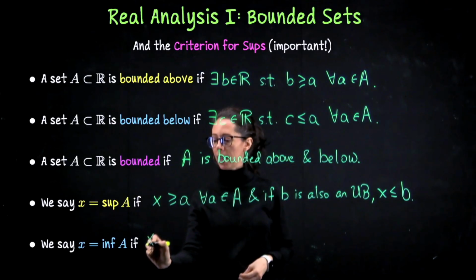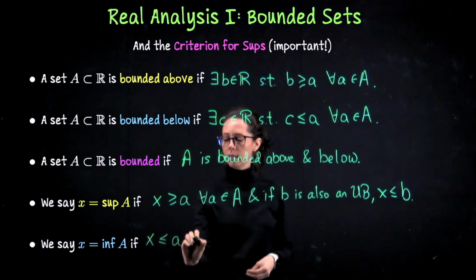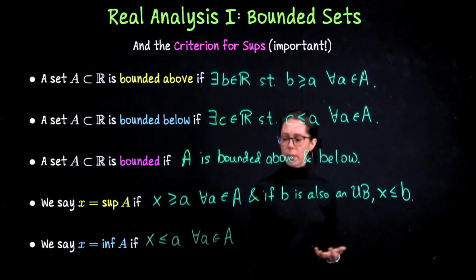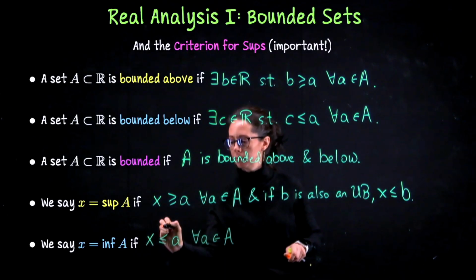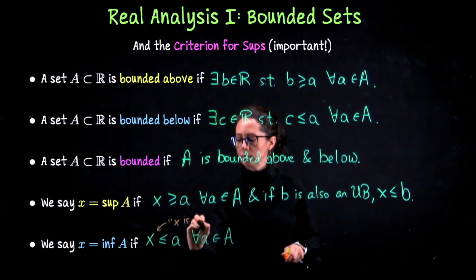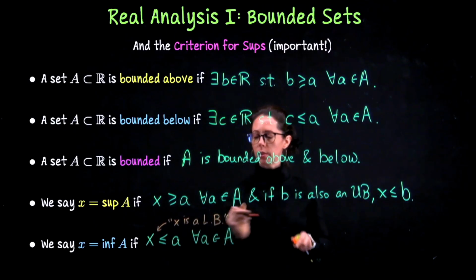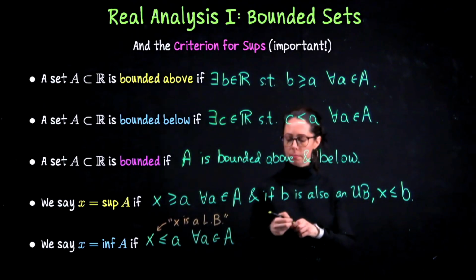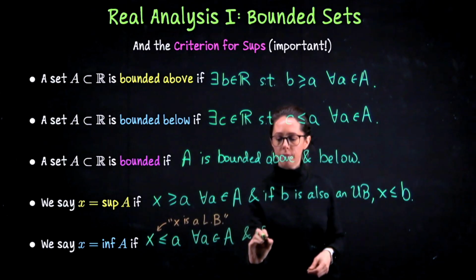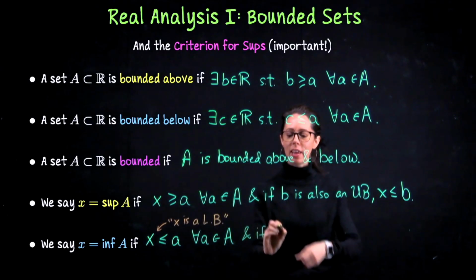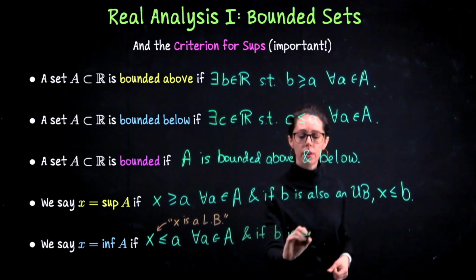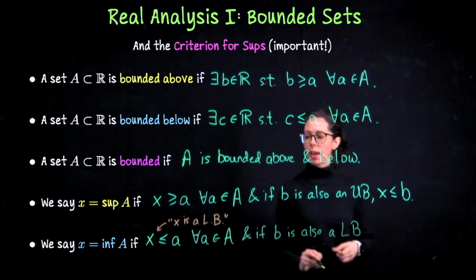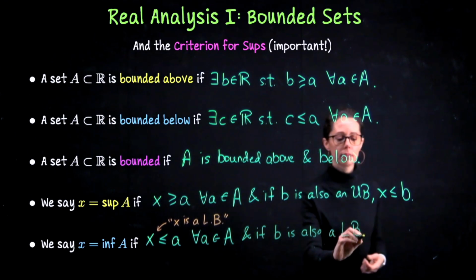So let me write out x is less than or equal to a for all elements a in the set A. It's a lower bound. So x is a lower bound of A, but it's the biggest lower bound. And if, I'll just keep overusing letters, if B is also a lower bound of A, x is greater than or equal to B.